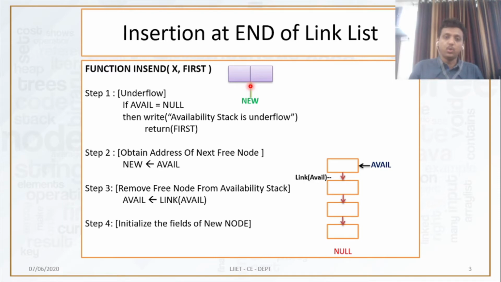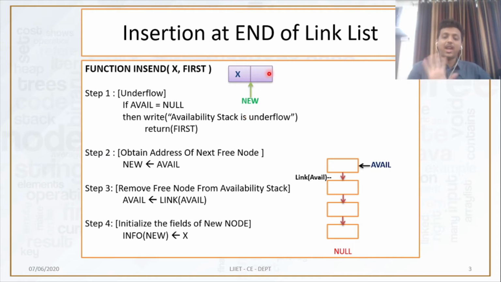That means link of new must be null. And info of new is x, which is already given. So I initialize info of new arrow x, and now I need to initialize this link of new.